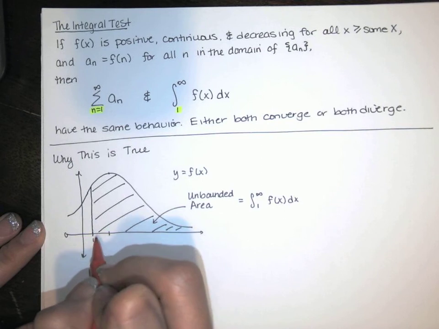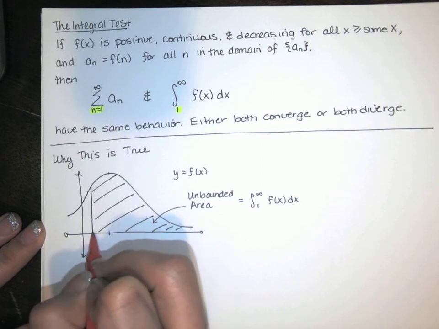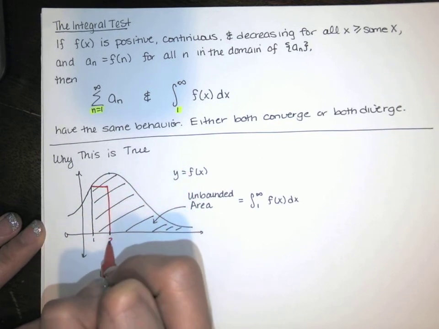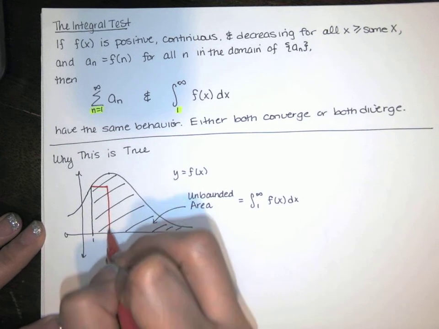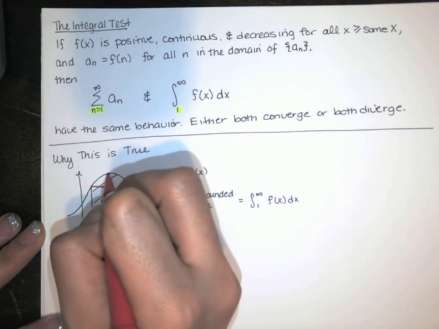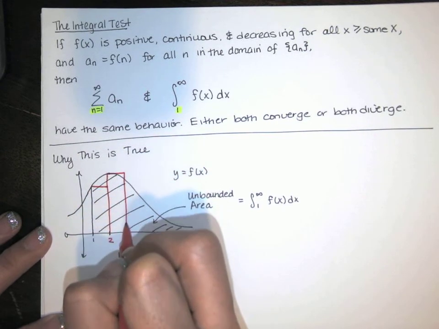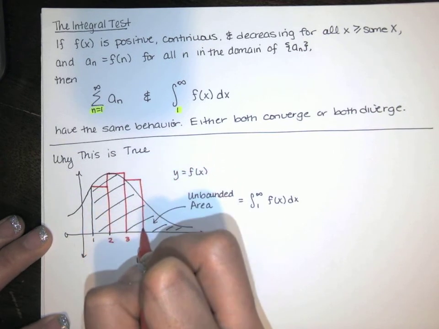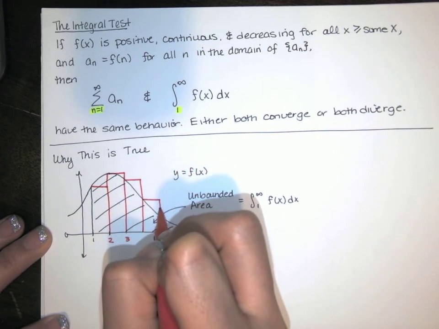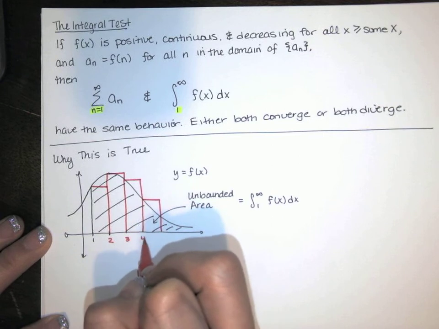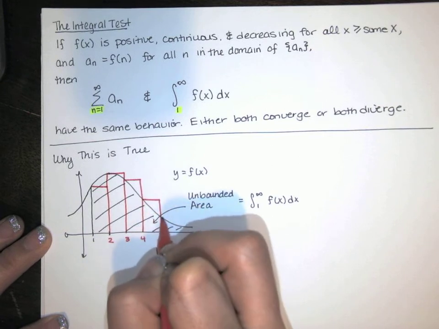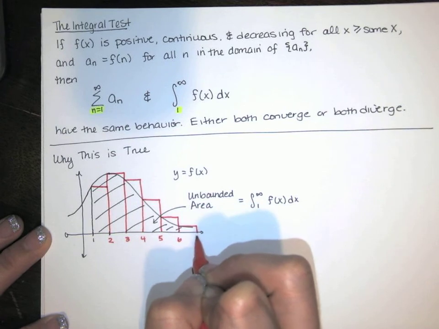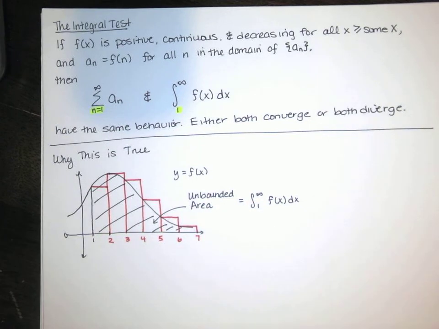Let's say I evaluate the function at 1, and then I make a rectangle until I get to x equals 2. And then I evaluate the function at 2, and I make a rectangle until I get to x equals 3. And then I do the same at 3, and the same from 3 to 4, and the same from 4 to 5, and then the same from 5 to 6, and 6 to 7, and so on, just forever.